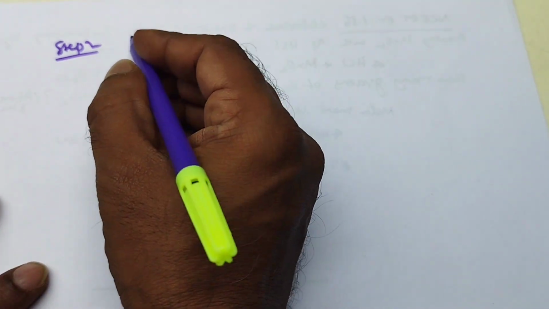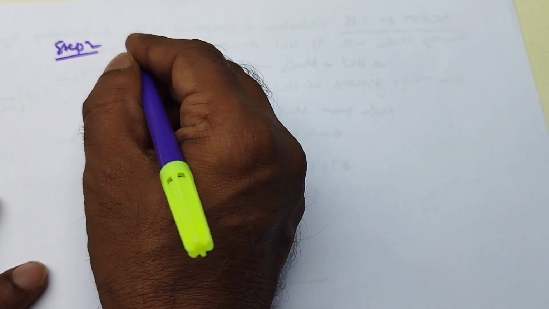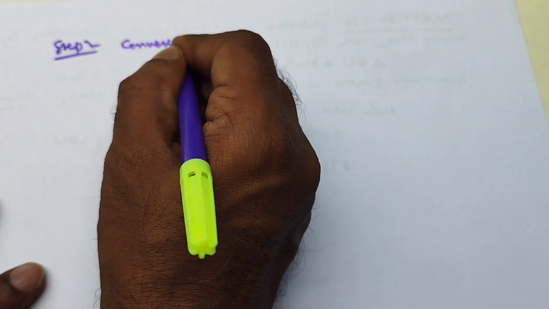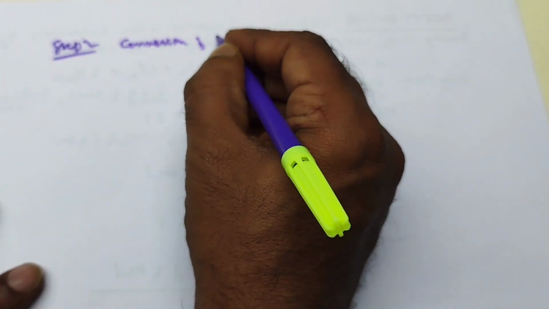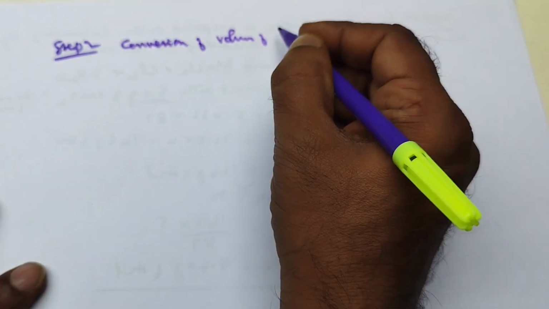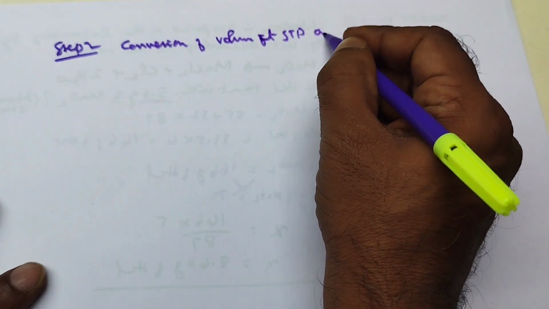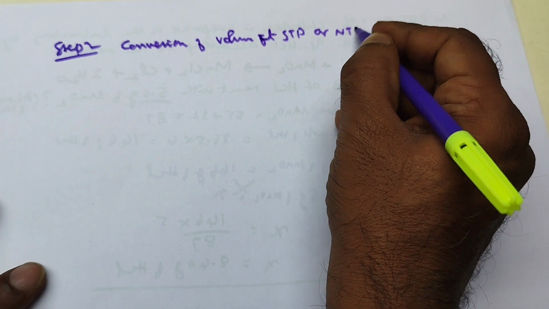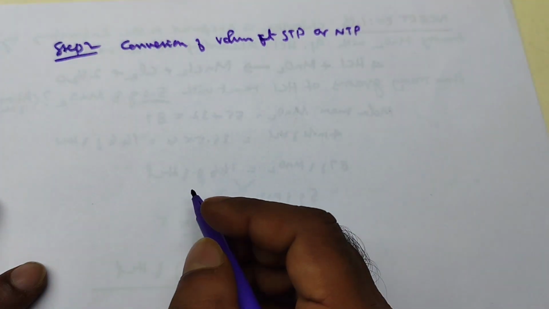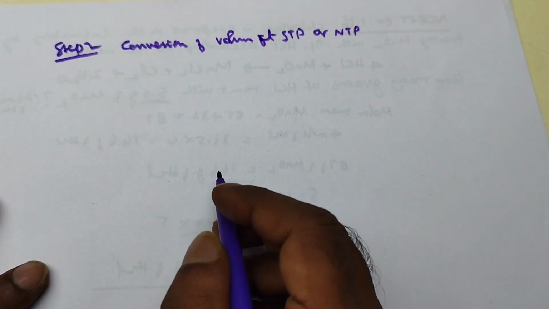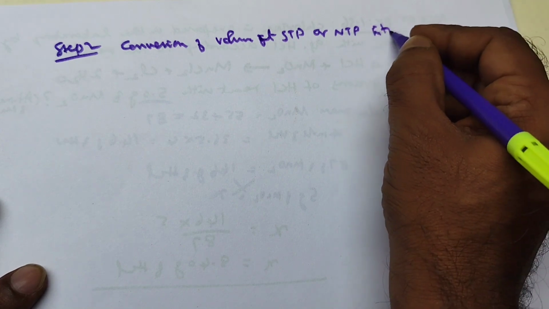In step 2, we convert the volume at STP, or you can say NTP, standard or normal temperature and pressure, into mass.